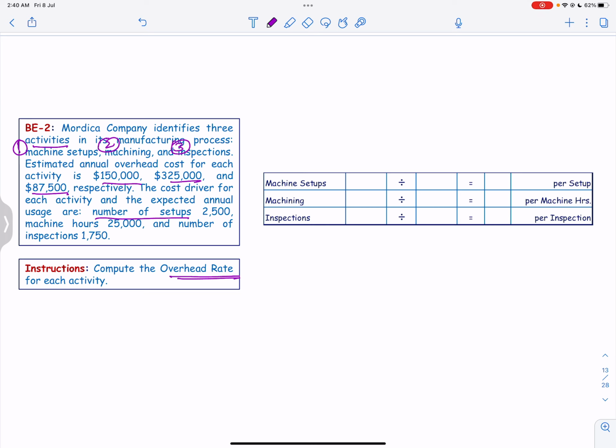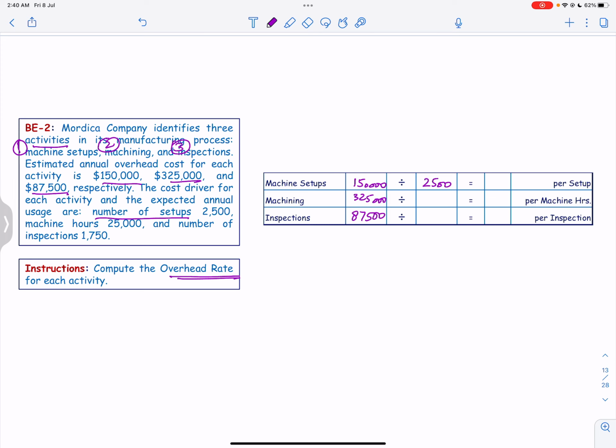So the machine setup, estimated overhead cost is 150,000. For machining it is 325,000, and for inspections, it is 87,500. And the expected annual usage number of setups is 2,500.